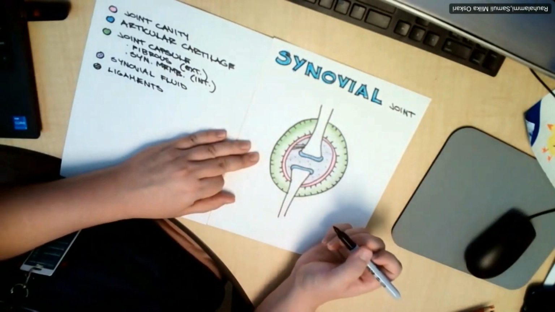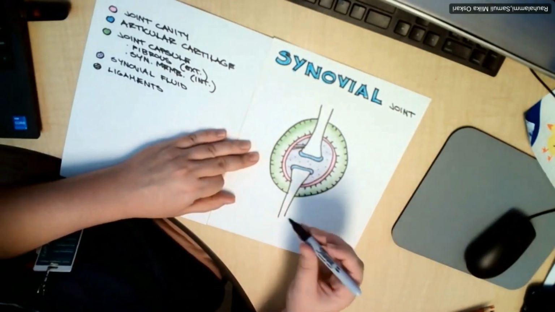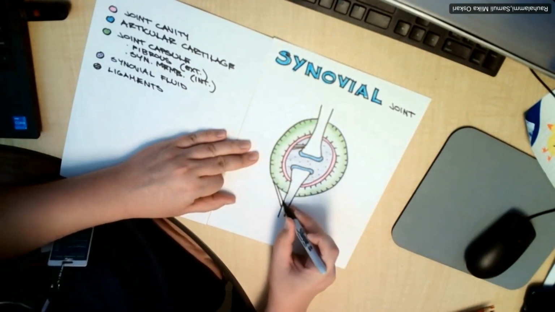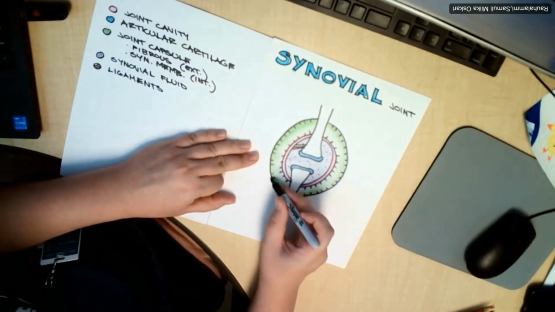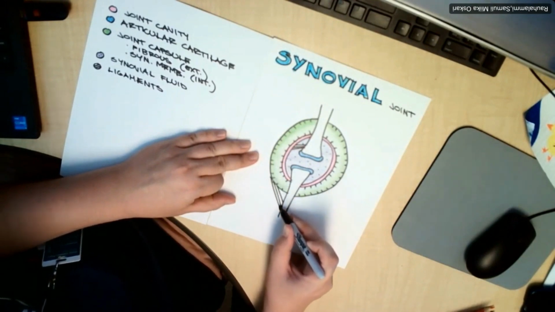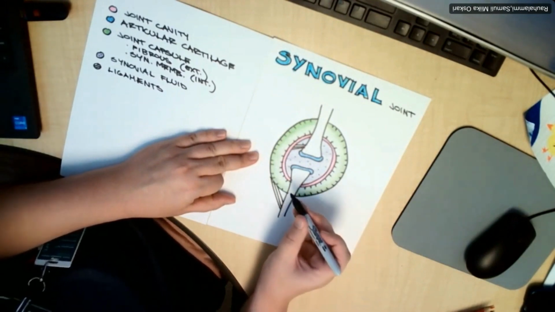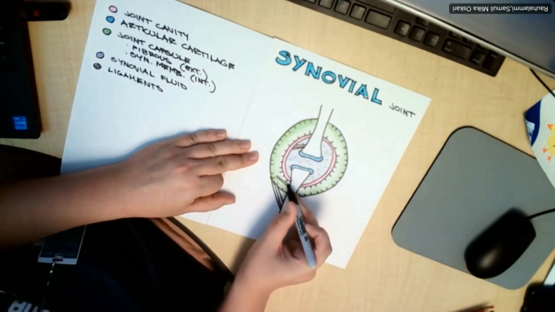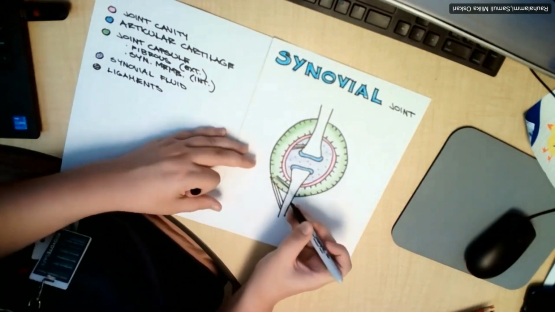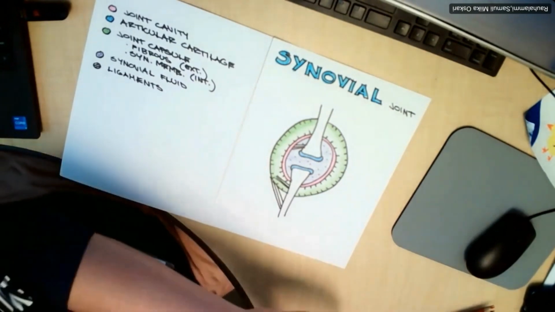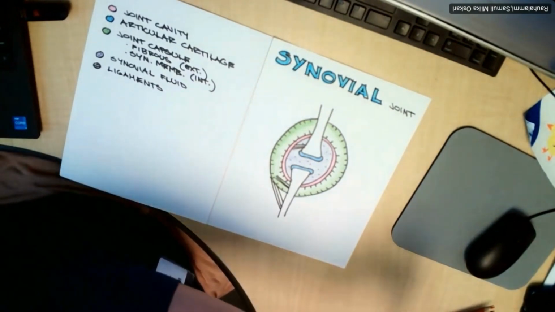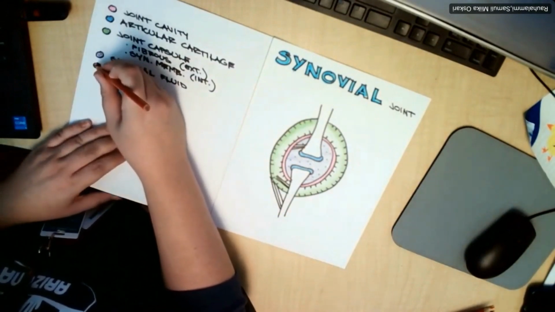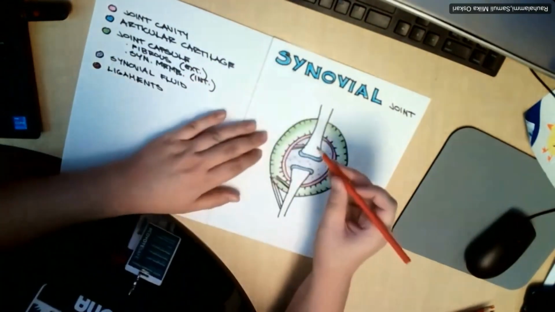We can see them within the capsule, outside the capsule, and in the actual capsule wall itself. So there are many places where we see these ligaments present. I think it would be good for us to add those to our diagram as well.